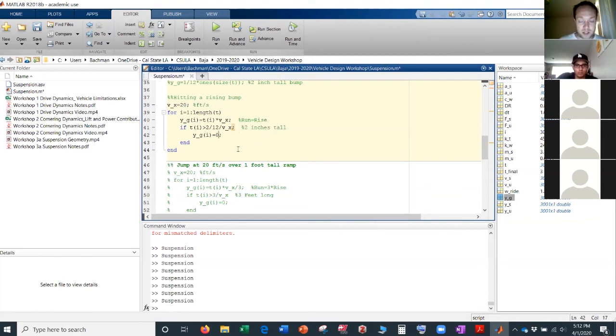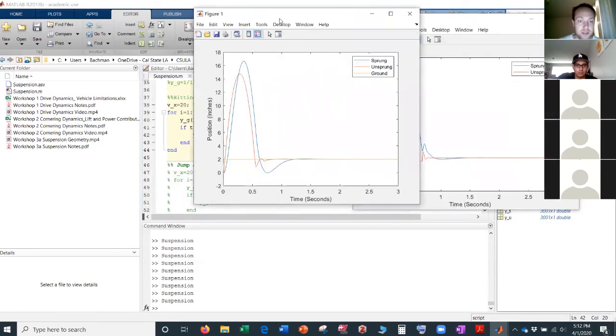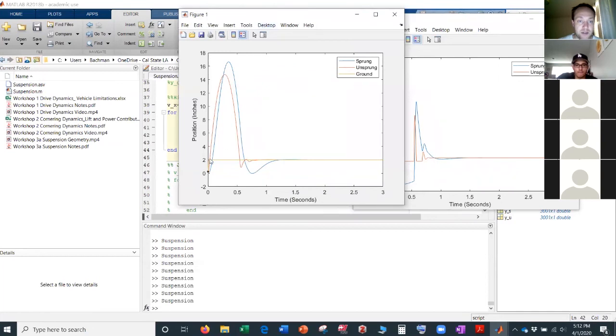And afterwards, it's going to go up to 2 divided by 12. I know I'm probably going through this math kind of quickly. So it quickly goes up onto this bump.